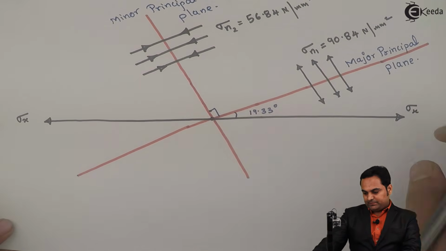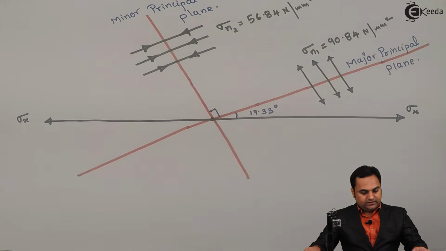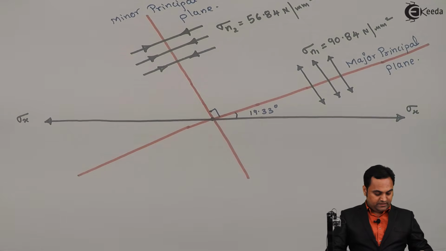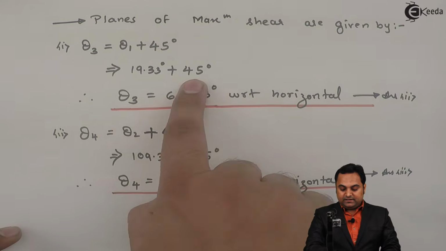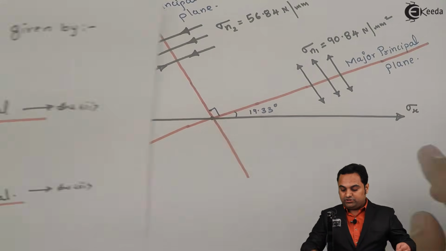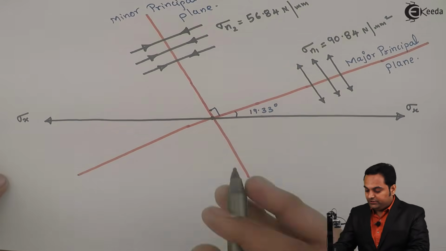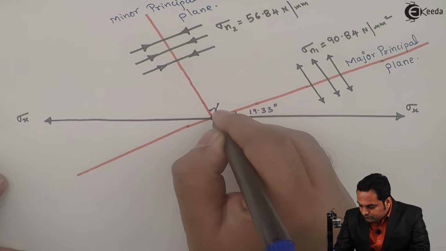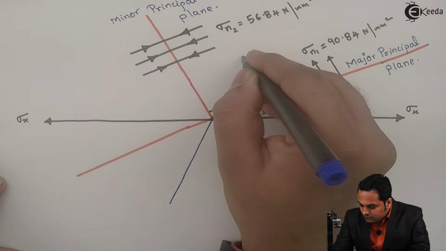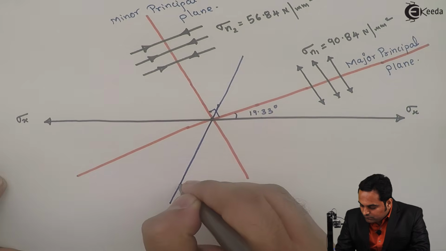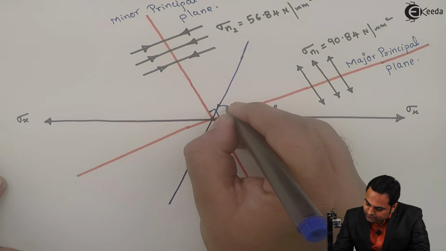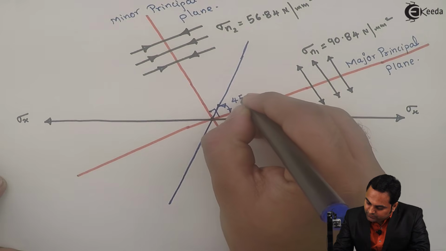Now after marking the major principal plane and minor principal plane along with the stresses, the next thing is the plane of maximum shear, and the locations are theta 3 and theta 4. So theta 3 is inclined at 45 degree to theta 1. Theta 1 was 19.33, so it is inclined at 45 degree to the major principal plane. Now this plane which I have drawn, its angle is 45 degree with respect to the major principal plane.